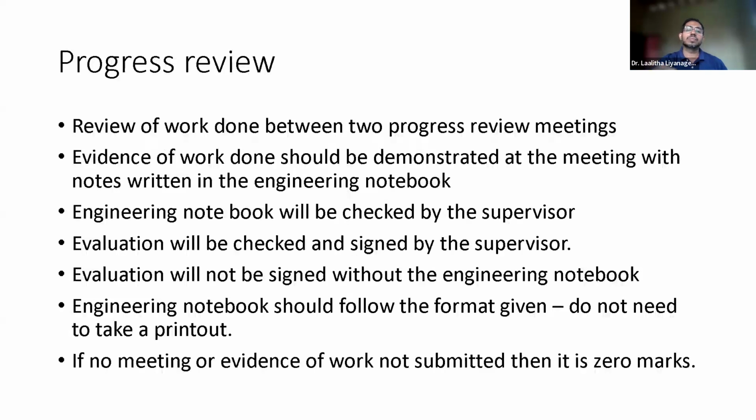Progress review is basically the work done between two progress review meetings. In this progress review, from the time you got the topic up to the point of submitting the proposal, what you have done should basically be understanding the problem, like the first step of the engineering design, problem specification, and then researching the problem.